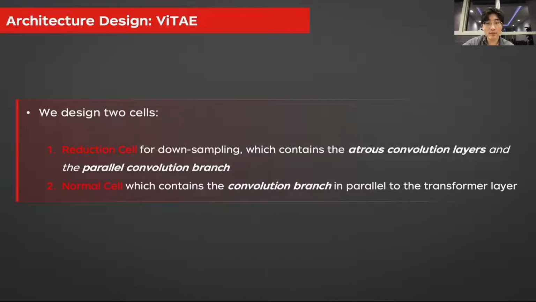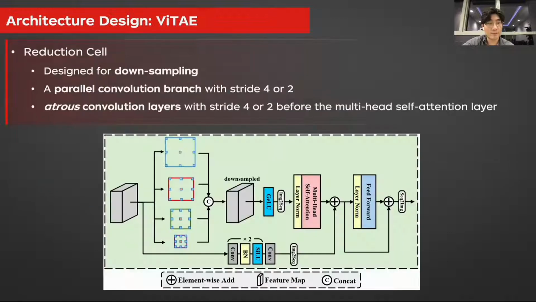There are two kinds of cells in the proposed ViTAE model, namely the reduction cell for downsampling, which contains the atrous convolution layers and the parallel convolution branch, and the normal cell, which contains the convolution branch in parallel to the transformer layer.